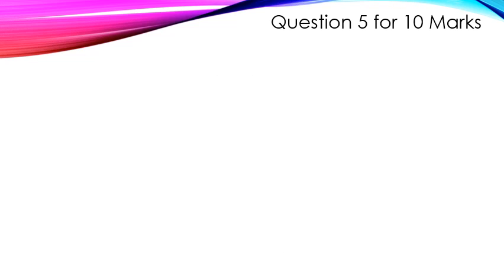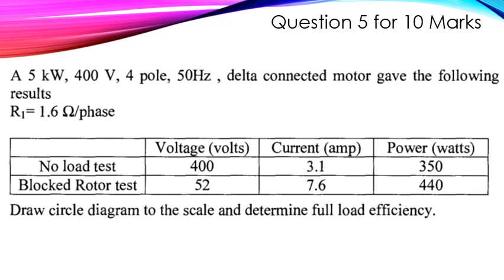Now the next question is question 5, which is for 10 marks, and that is of circle diagram. So the question is: a 5 kilowatt, 400 volts, 4 pole, 50 hertz, delta connected motor gave the following results, and it is assumed that the stator resistance is 1.6 ohm per phase.